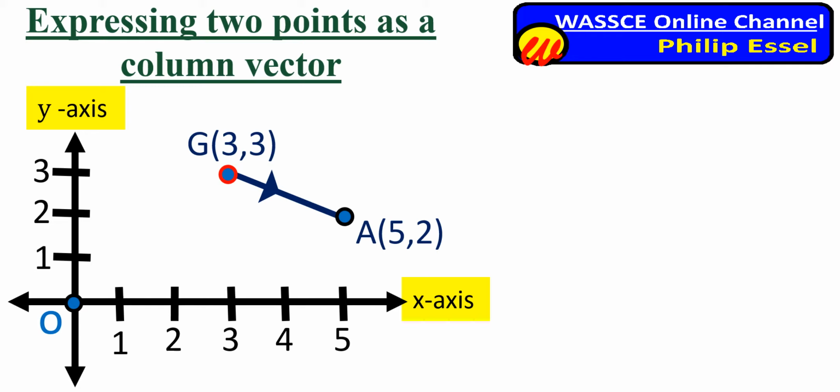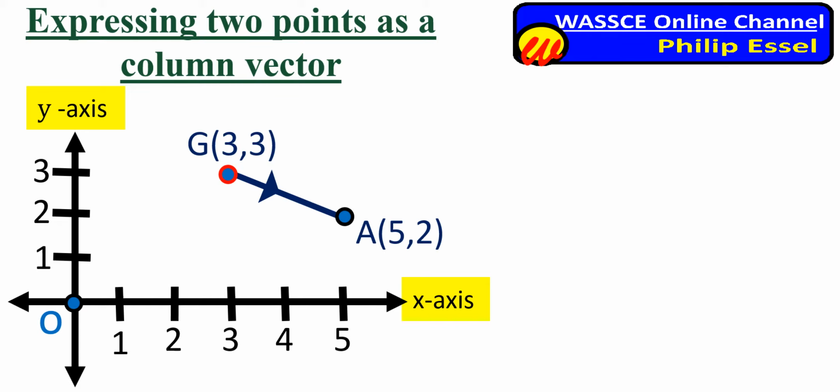Now let's assume that the point G represents a certain town and the point A also represents another town. What it means is that a vector GA will tell us the direction we have to move to town A when we are coming from town G, right?